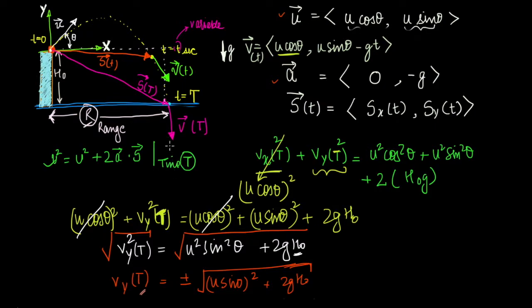And when the ball continues to go down, we know that the vertical velocity is always going to be negative. So we cannot take the positive sign. We must only consider the negative sign. All right, so that is the expression of the y component of velocity at the final time of capital T. And we should also write that somewhere.